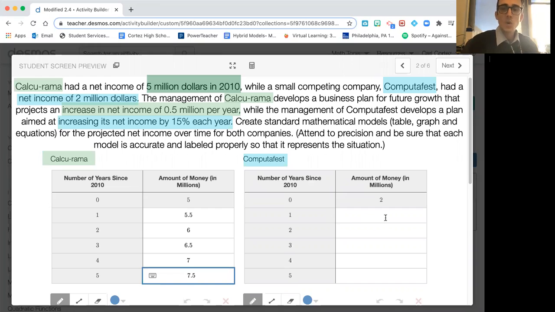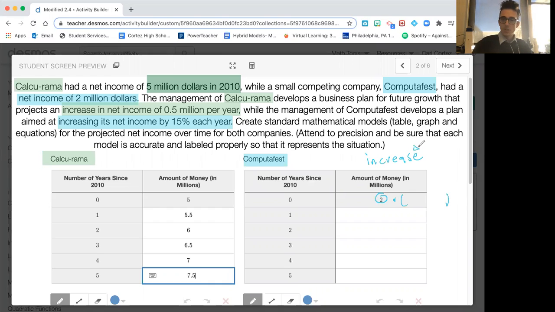I know that over here for ComputerFest, it's increasing by 15% every year. So what would this be multiplying by, since this is increasing with percentages?